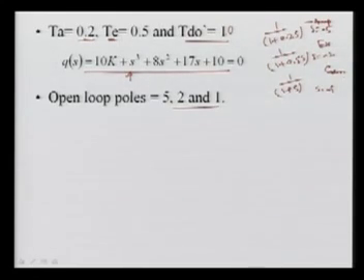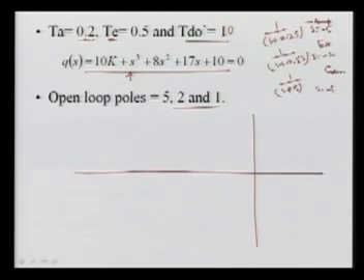So first, in the root locus technique, here is your s plane and here it is your 0, and then we mark the open loop poles. The poles are denoted by x and the zeros are denoted by 0.